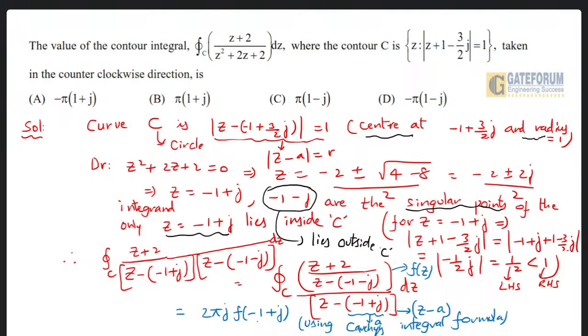How do you find f of minus 1 plus j in this numerator fraction f of z? Put z equal to minus 1 plus j. So this is 2 pi j multiplied by, now the numerator is z plus 2.